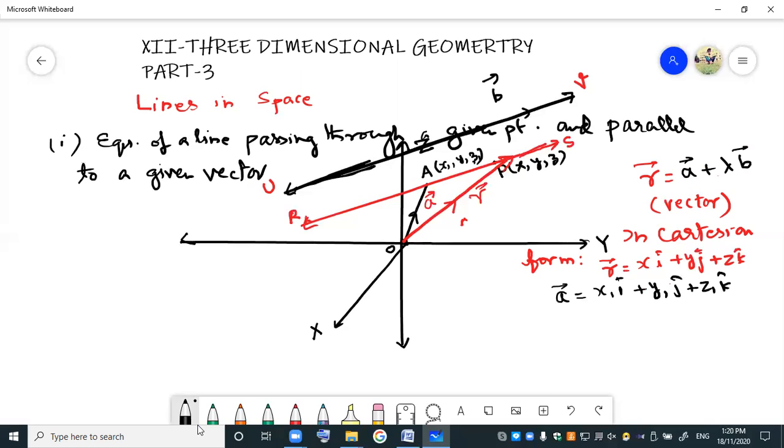Vector B can also be reduced into components, and we denote it as b1i plus b2j plus b3k.